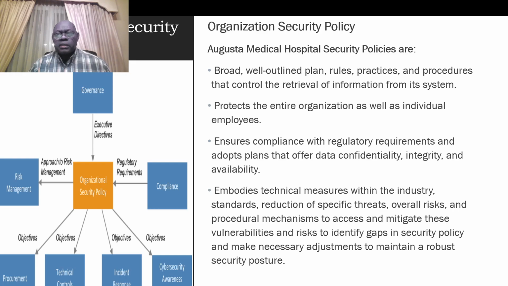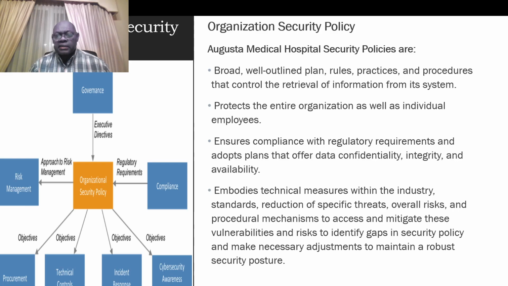The hospital security policies are broad, well-outlined plans, rules, practices, and procedures that control the retrieval of information from its system. It protects the entire organization as well as individual employees. It ensures compliance with regulatory requirements and adopts plans that offer data confidentiality, integrity, and availability.